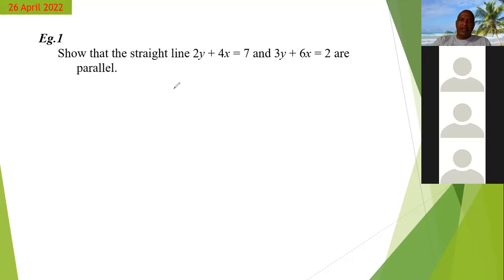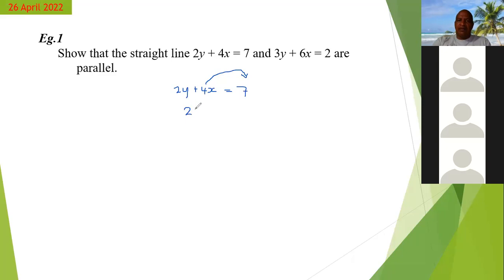All right, so let us start off by looking at the first equation. We have the equation 2y plus 4x equal to 7. And we want to get it in the general form y equal mx plus c. So this 4x we want to bring across to the other side.